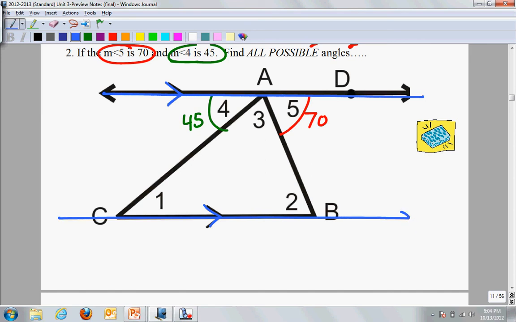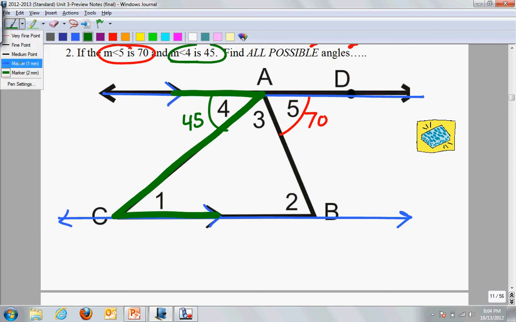are parallel. Now that you see the parallel lines, you should immediately recognize some important properties, including armpits of the Z. Trace with me. Of course, that's 45 degrees.